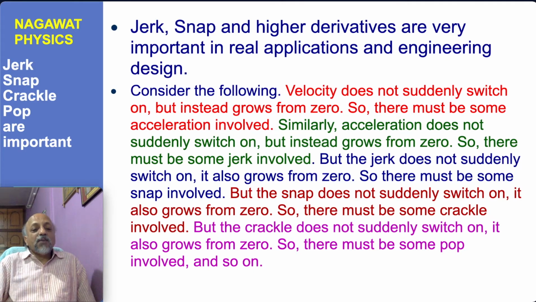So jerk, snap and higher derivatives are also important. Later in our theoretical analysis we may not be using them much, because we will restrict ourselves to very simple cases. But in real applications of physics, in engineering design, in designing a road, a railway track, engineering gadgets and appliances, or even for launching a rocket or a Hubble telescope, or anything in space, we need to consider the higher derivatives also.